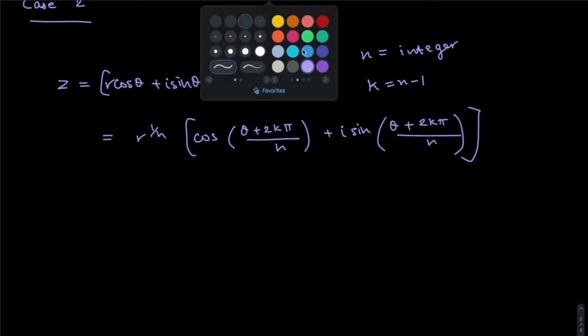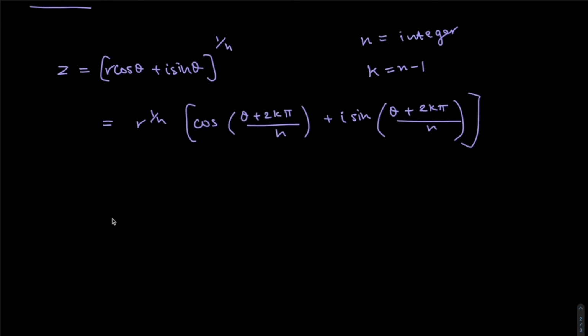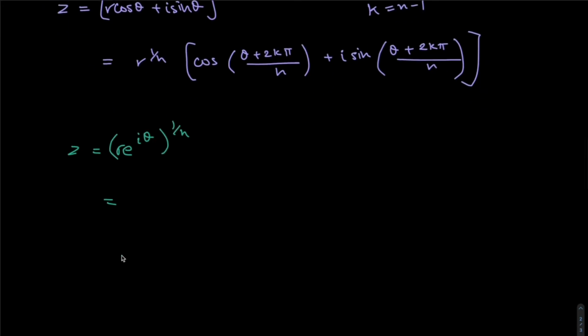Now, if I have to write the same thing for Euler's form, it would be something like this. If z is equal to r e raised to power i theta, all raised to power 1 by n, and we evaluate it, we have a very similar thing, right? r to the 1 by n, e raised to the power i times theta plus 2k pi upon n.